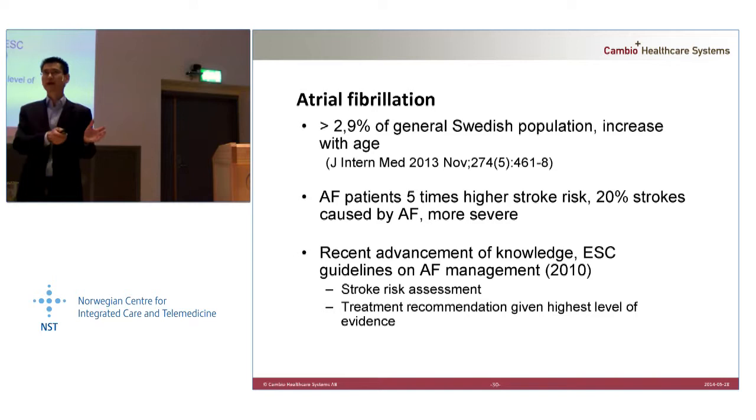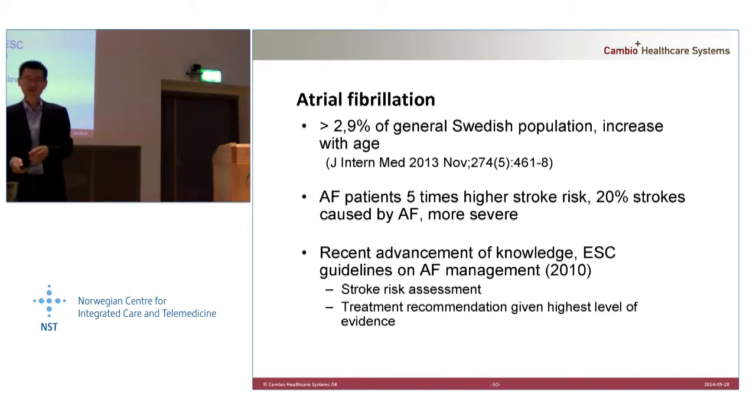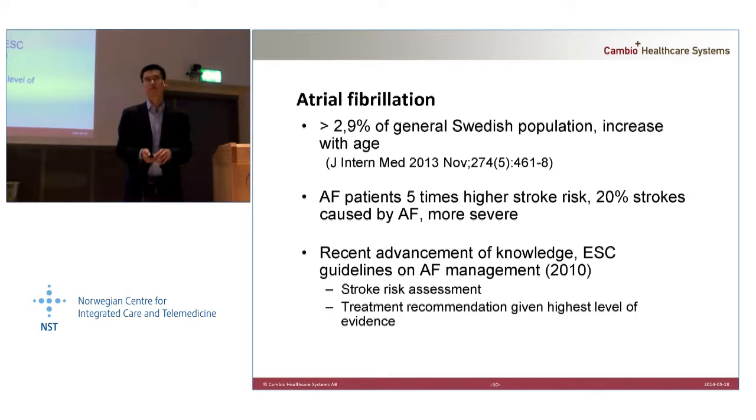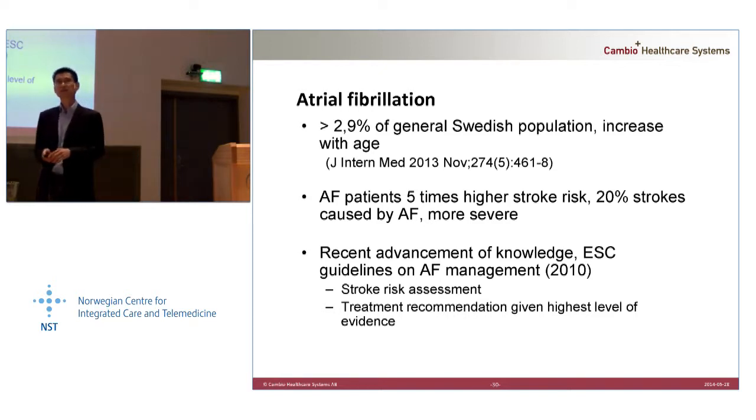And the strokes caused by AF are more severe than strokes caused by any other conditions. And we know consistently that 25% of strokes are caused by AF. And we know that in Sweden we spend 6.7 billion in stroke care. 6.7 billion.